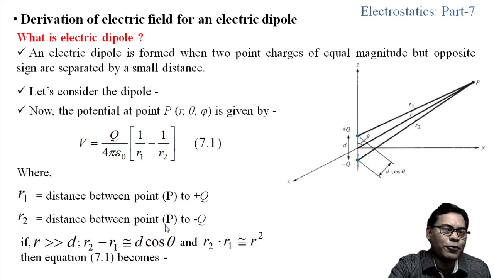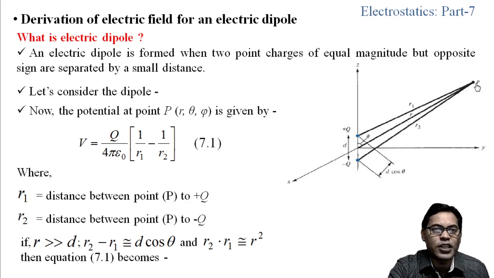Now if we consider that the observation point is far away from this dipole, then we can write that r is much greater than d, and we can also find r2 minus r1. How do we get that?